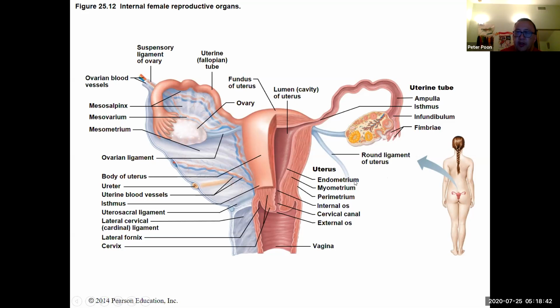Metrium refers to uterus, so perimetrium, myometrium, endometrium. Perimetrium is the outer connective layer. Myo is muscle, right? It's the smooth muscle used for contractions. And endometrium is the innermost layer where the implantation actually happens.